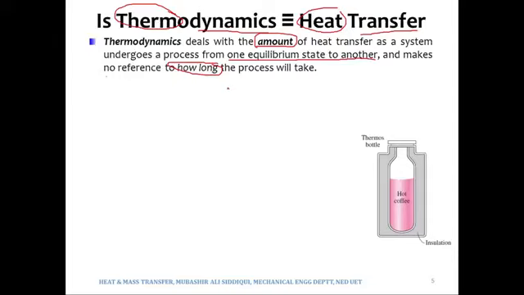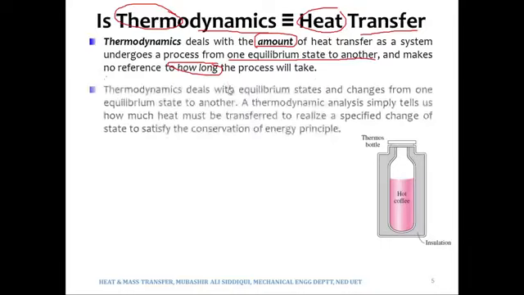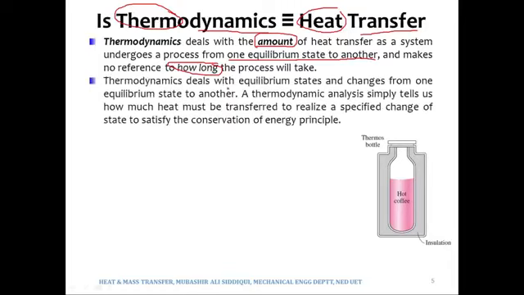But if you are asked to find the heat that would go into or come out of the system in, for example, 7 minutes, that would be under the domain of heat transfer. The difference is that in heat transfer we are interested in the rate of heat transfer, the time rate of heat transfer in fact.